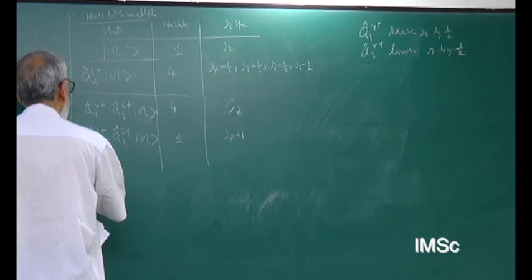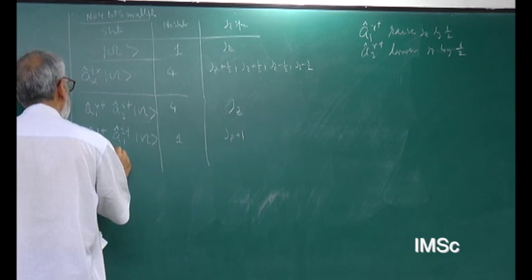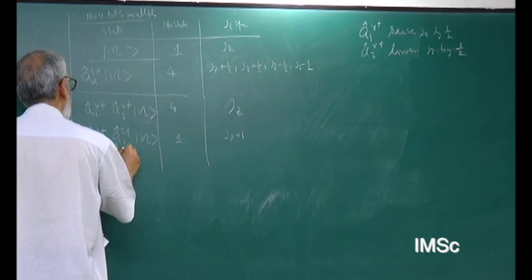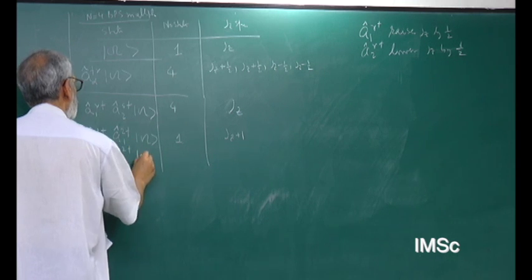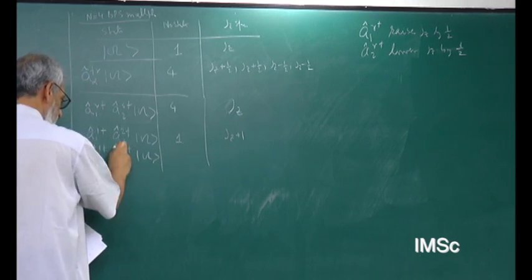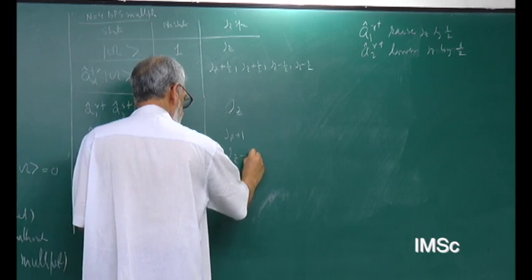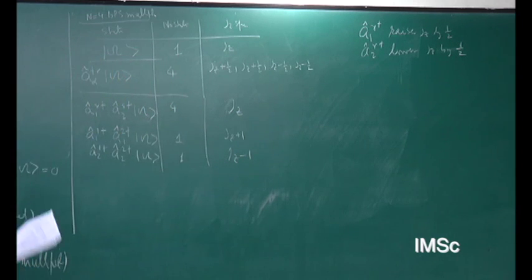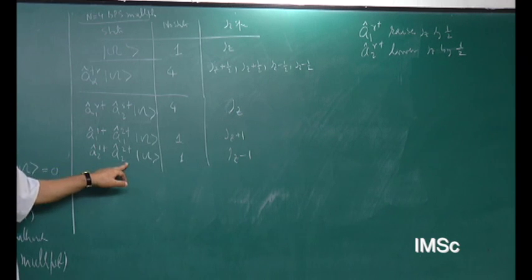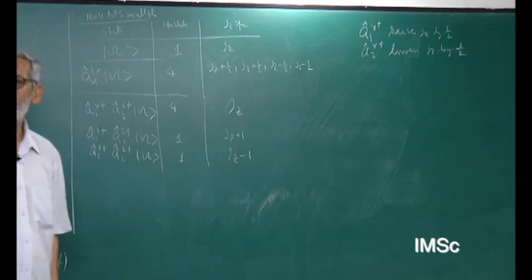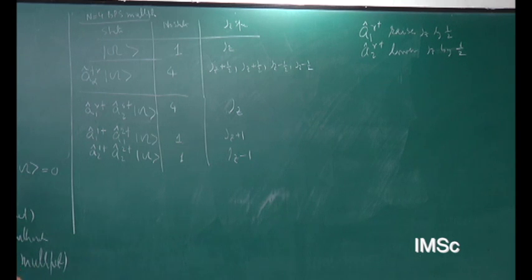Now let me take A2 1 dagger, A2 2 dagger. Change this. That's also 1, but that will have JZ minus 1, because 2 will lower the JZ value by half, each one of them. So that is JZ minus 1.